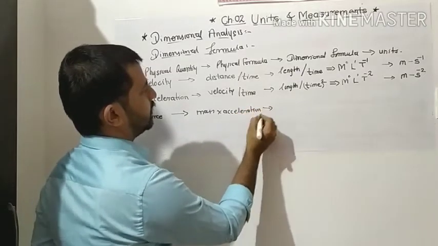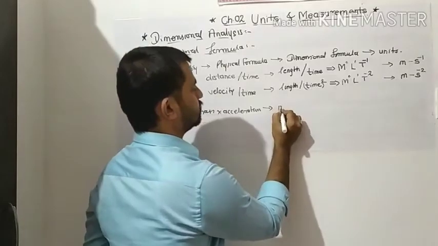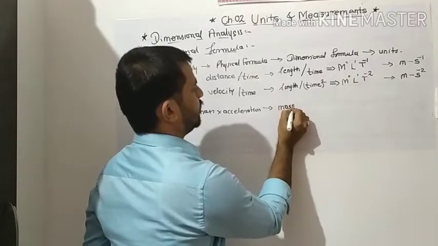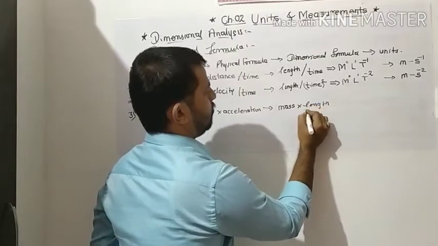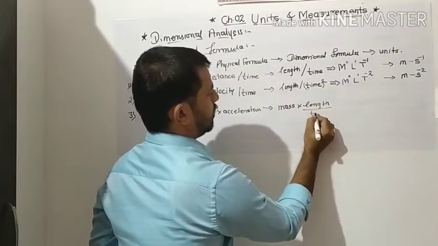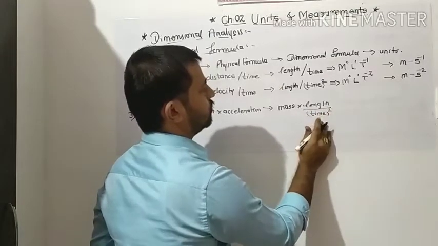Now we can write down the dimensional formula as mass into length upon time raised to 2.